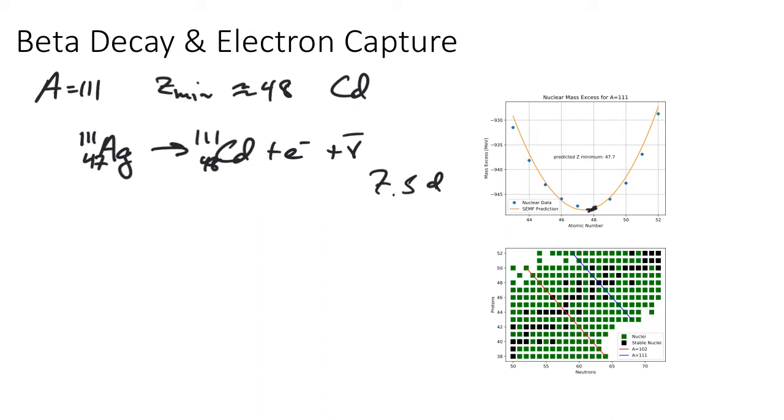If we go next over, we can also go from the 46 to the 47, and so we get an interaction that is 111 palladium-46 can go to silver-47 plus an electron plus an antineutrino.